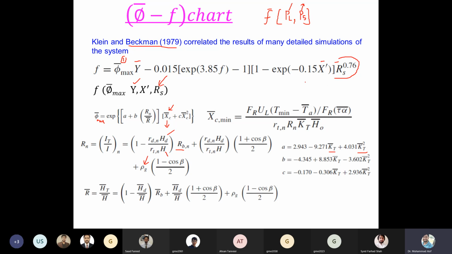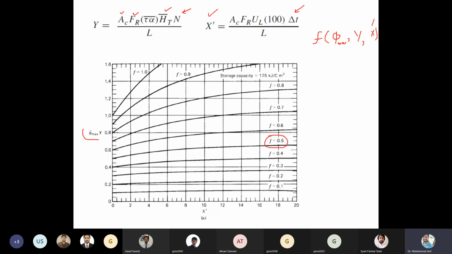So this is a storage capacity. RS is a storage capacity. If you use different storage capacity, they have different graphs. As you can see in the first graph, this graph is for a storage capacity of 175 kilojoule per degree C per meter square of the collector area. So if the storage capacity of your solar heating system is this one, then if you have these two, the vertical axis value and the horizontal axis value, you can read the value of the solar load fraction.